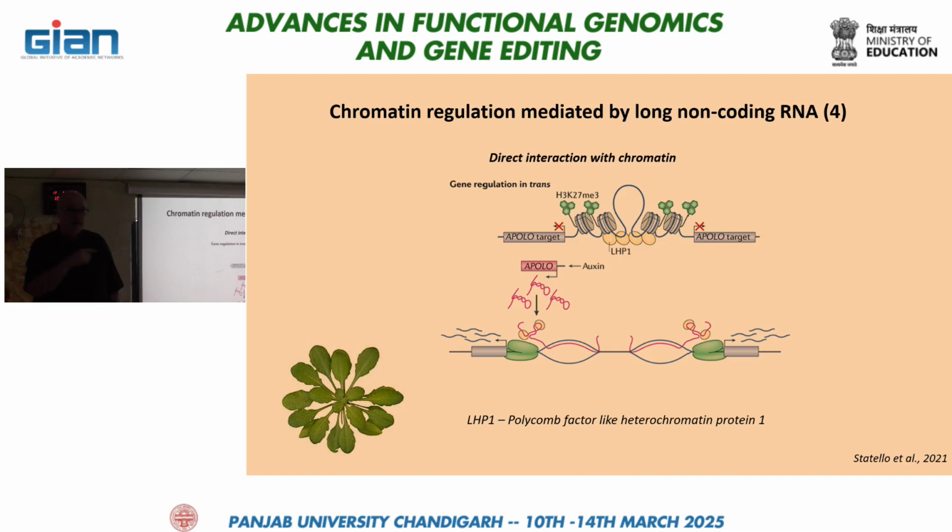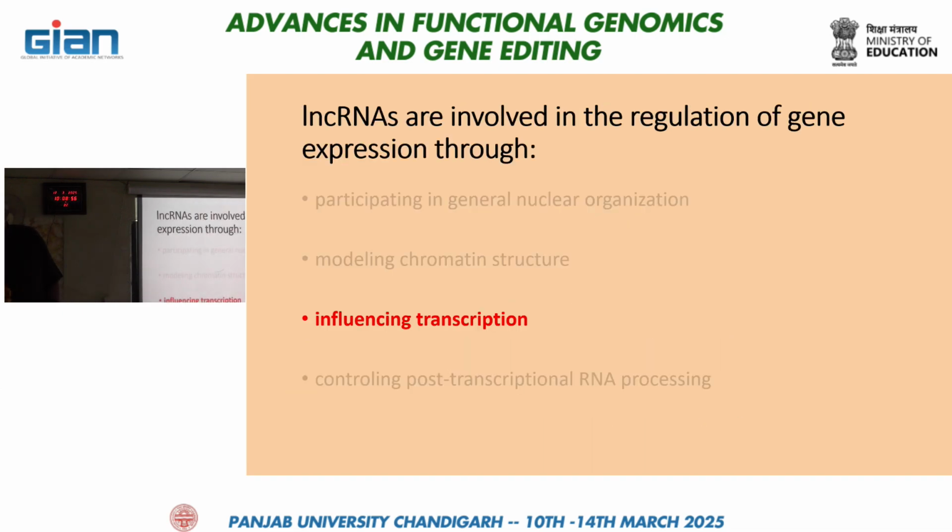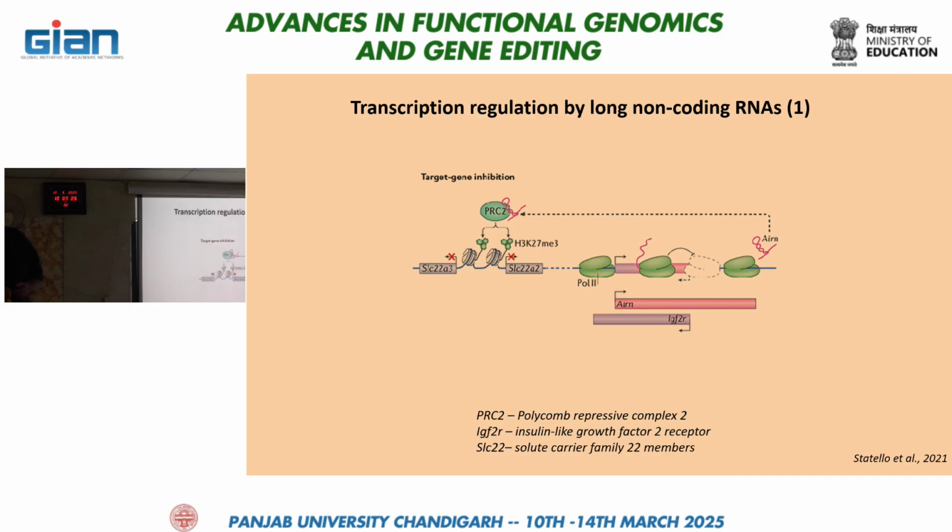Okay, so in both cases, long non-coding RNAs can work. Then we will describe the influencing of transcription in a direct way. I have many examples here, but maybe we'll look at some of them. Look at here.